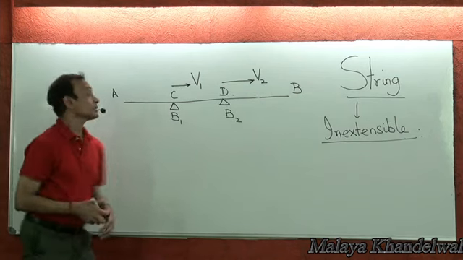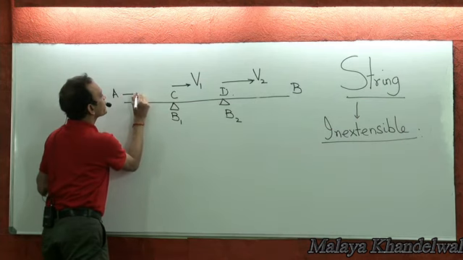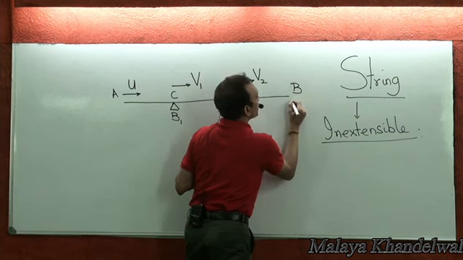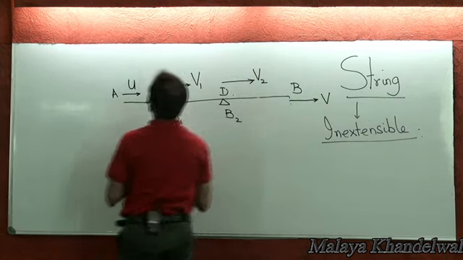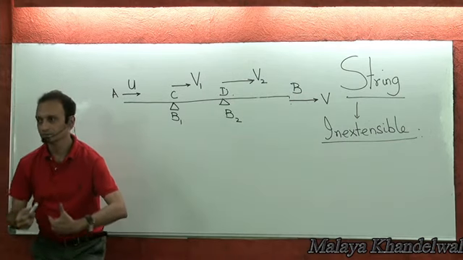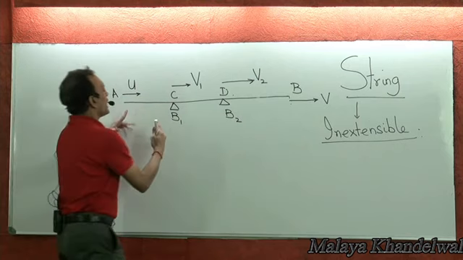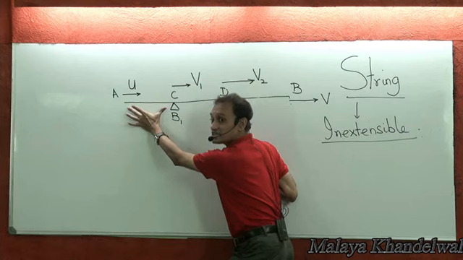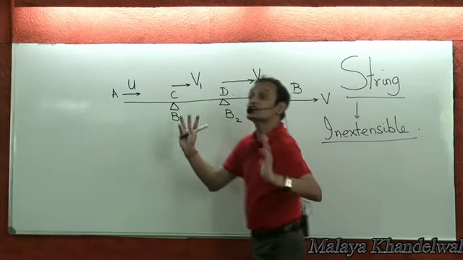Not only that, the ends of the string: say this end of the string has a velocity u, and this end of the string has a velocity v. These are the velocities of the ends of the string. This is a string AB, and I conceive of three segments of the string. AC is a segment, CD is another segment, and DB is a third segment.